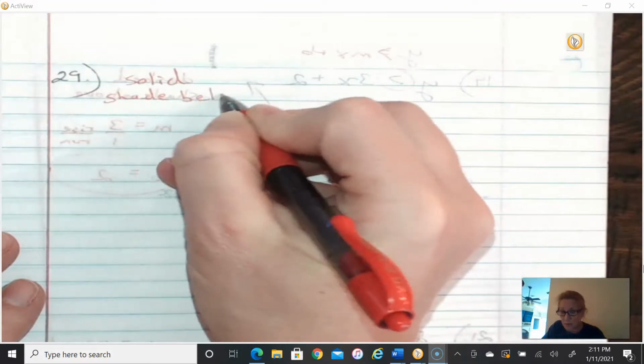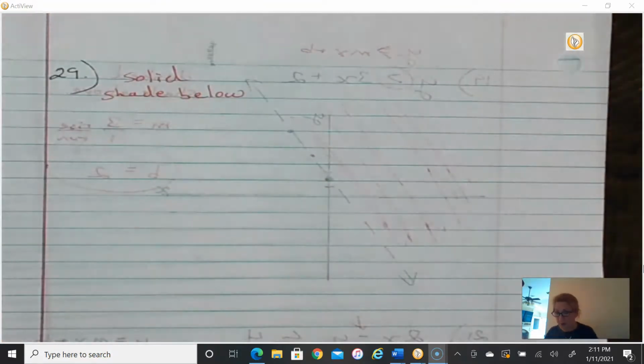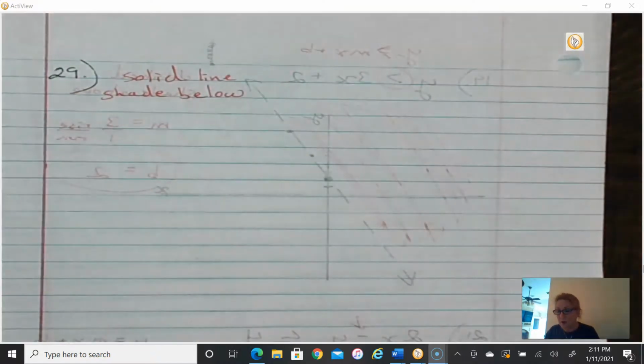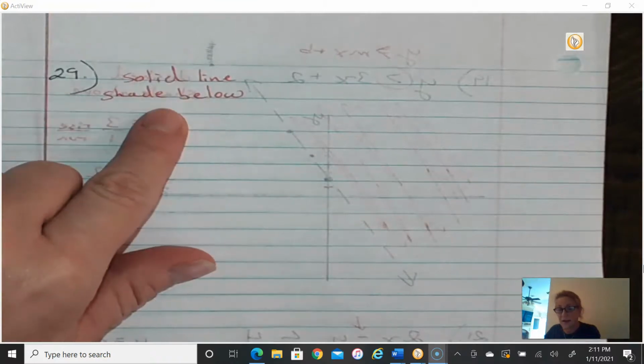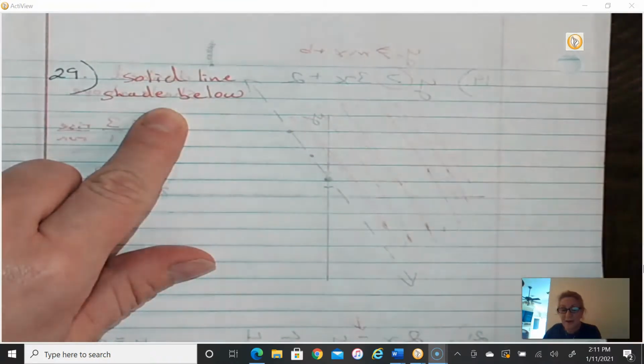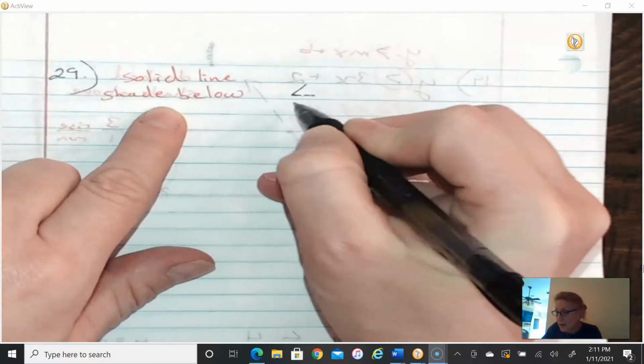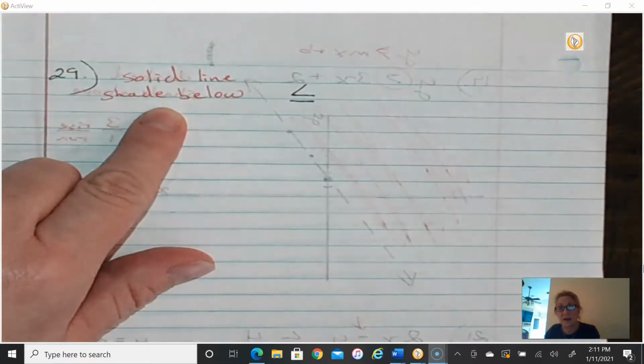Shade below. So if it's a solid line and shade below, what is the inequality sign going to look like? It's going to be a less than or equal to with the line below.